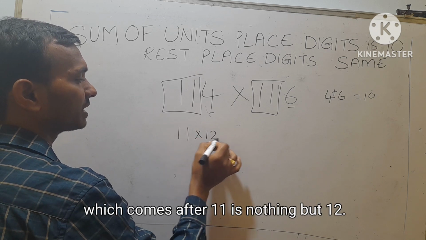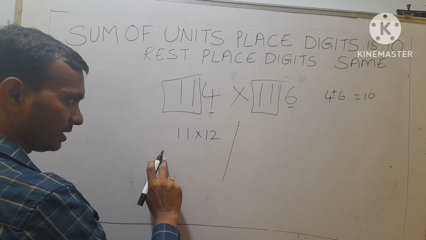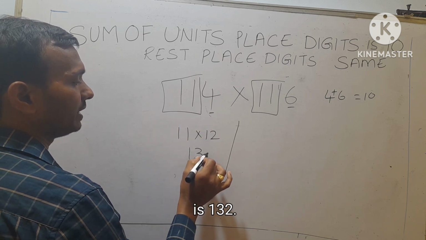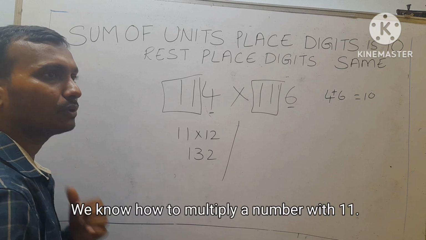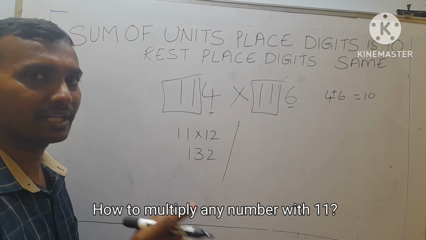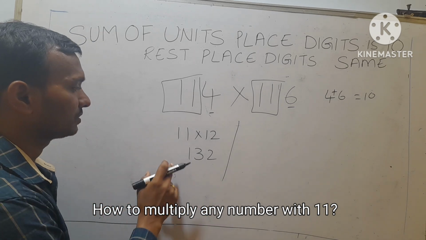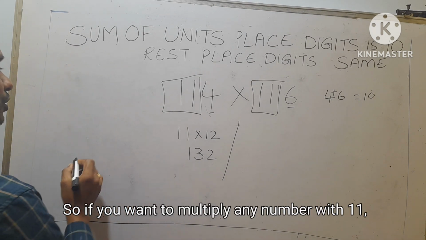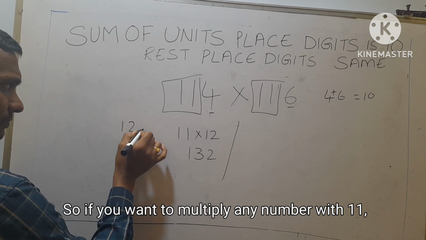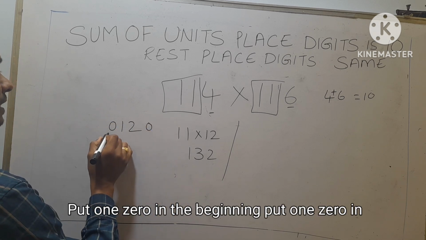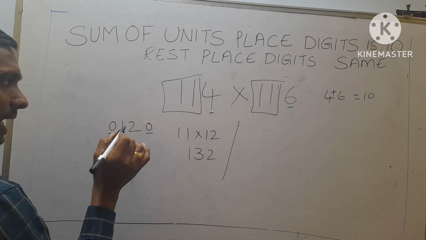The number which comes after 11 is nothing but 12. If you multiply 11 with 12, the answer you get is 132. We know how to multiply a number with 11, so with the help of that, we can write this answer very fast. If you want to multiply any number with 11, put 0 in the beginning, put 0 in the ending.